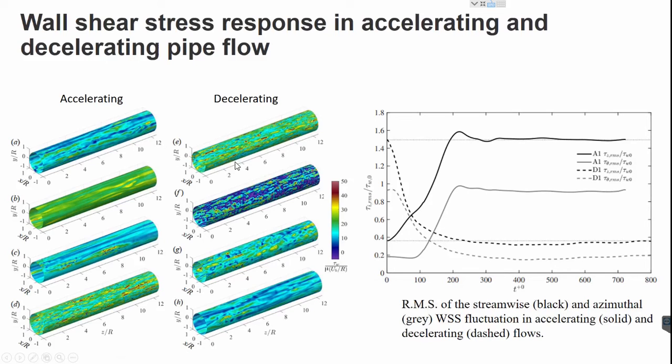So we start at a high Reynolds number turbulence. So these two, the snapshots T and E are very similar. But when we decelerate, what we can see first here is that we have big, very big regions full of negative wall shear stress. We can see the color, the purple color is less than 0.